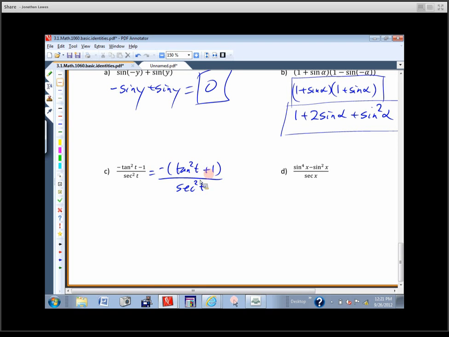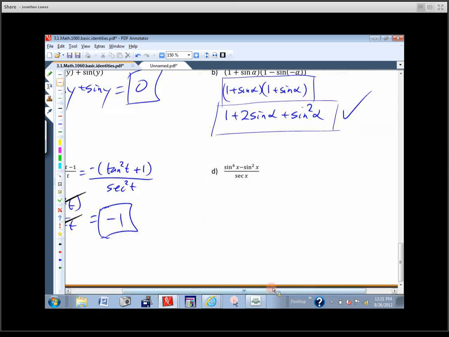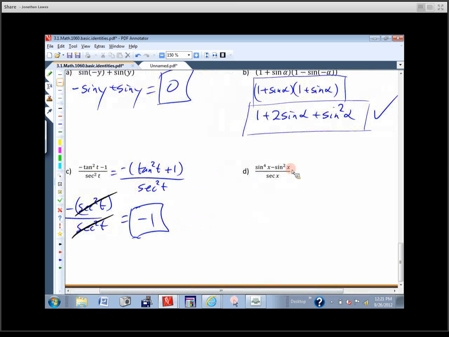Isn't tangent squared plus 1 a Pythagorean identity? Isn't that secant squared? So this is negative secant squared t over secant squared t. What can I do? Cancel that with that. And my final answer is -1. Okay? That's the type of stuff they're after. They're after you rewriting things using the identities that you already know, and then simplifying. Okay, last one. Take a good look here.